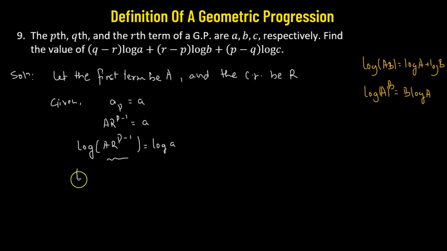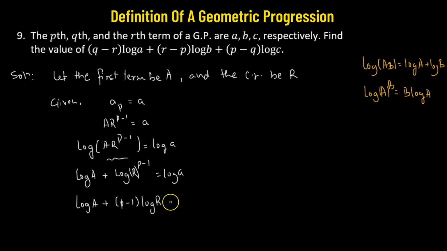Therefore we have log of A plus log of R raised to the power of p minus 1, which will equal log of a, and further simplification gives us log of A plus p minus 1 times log of R. So this is equal to log of a.